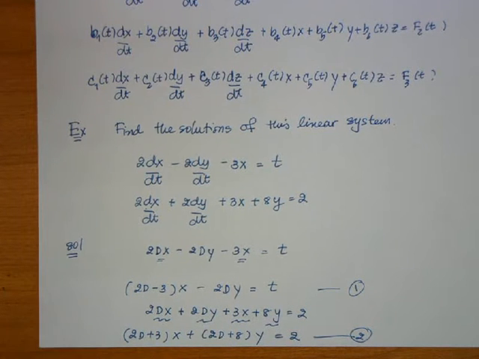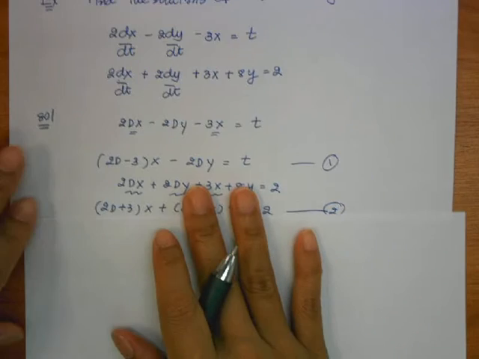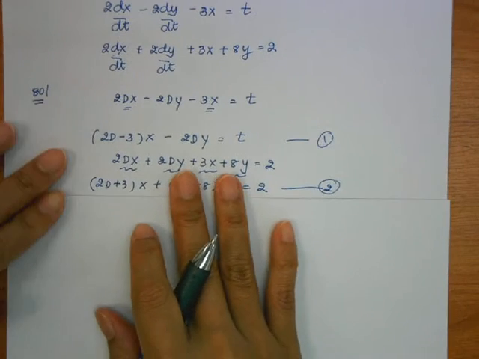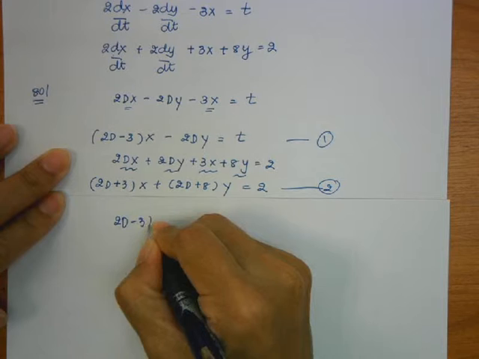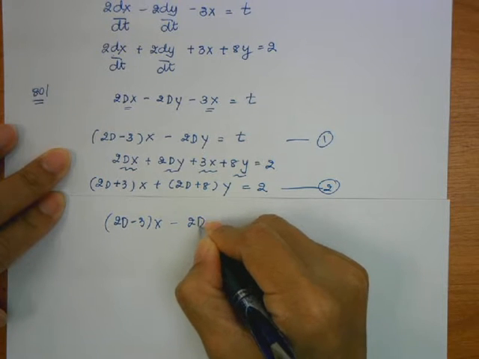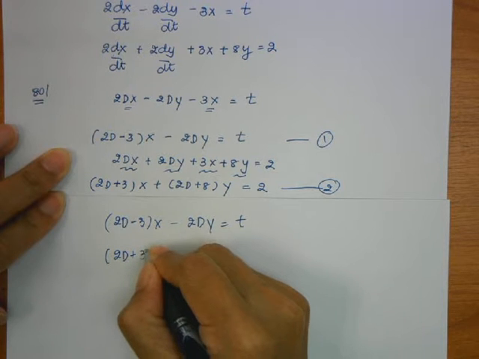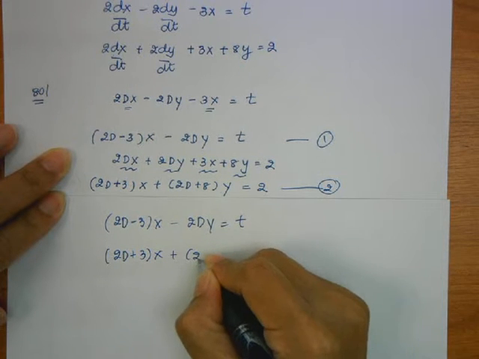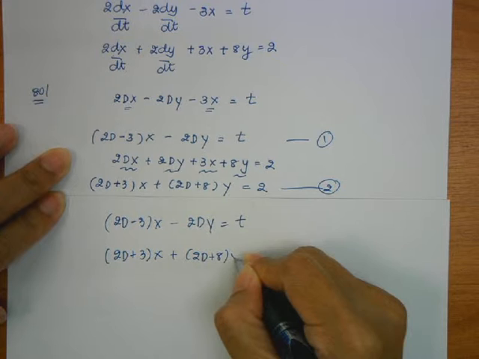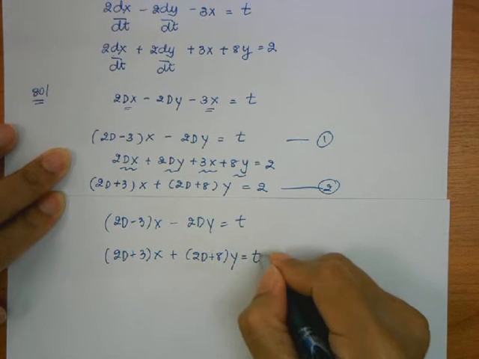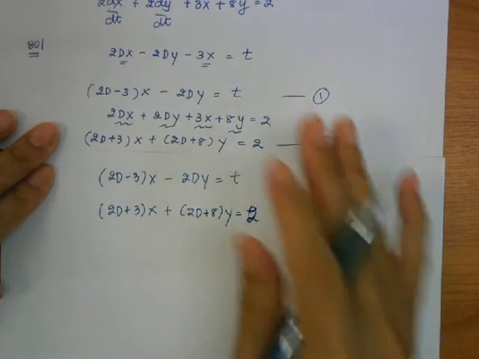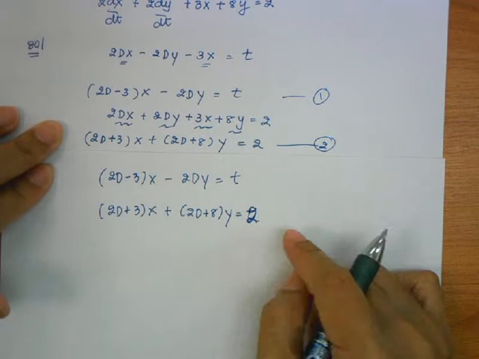So now you have two equations and two unknowns.